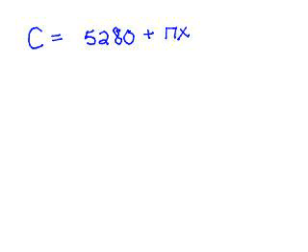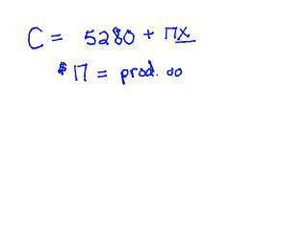Well, the slope is going to be the 17, and since we're taking every unit that they produce times 17, then 17 is going to represent how much it costs to produce that unit. So our slope is the production cost. So for every additional unit we manufacture, it costs us another $17.